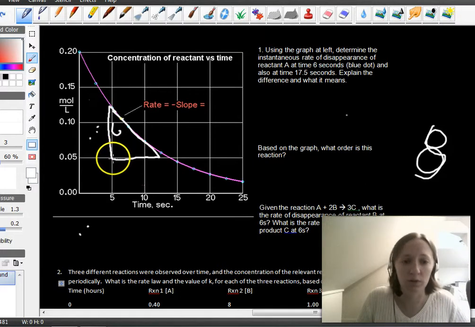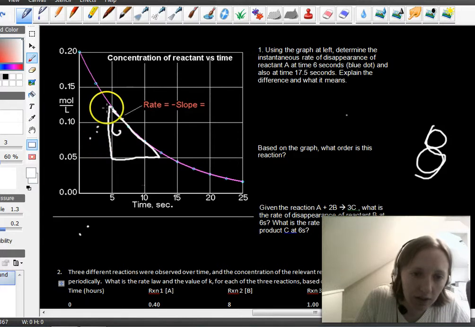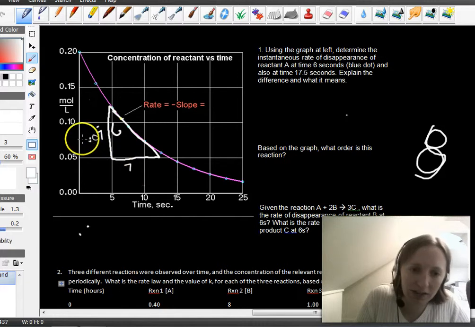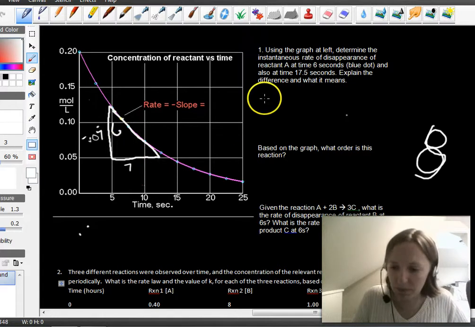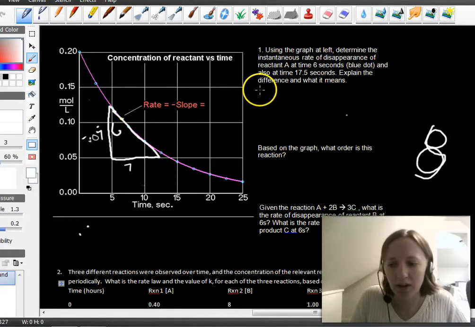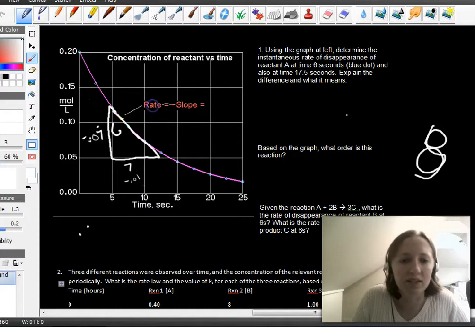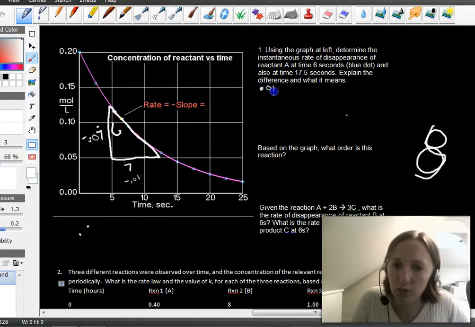And when I did mine on paper and it was real pretty, I found that the change in y was 0.07 and the change in x was 7. And in fact it's negative 0.07 because it goes down. It's a negative slope. And so you end up with negative 0.07 divided by 7, and you get a slope of negative 0.01. And the rate is equal to the negative of the slope. So the rate at 6 seconds is 0.01 moles per liter per second.